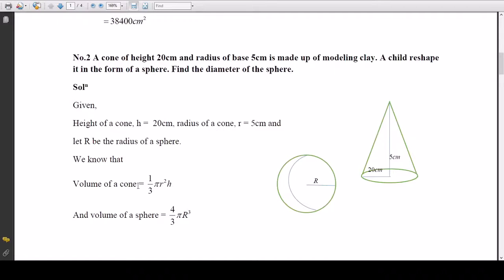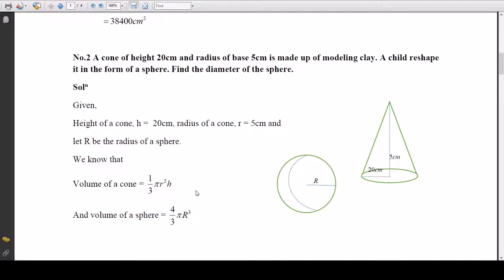This is the formula. Right in part 1, I told you to remember the formulas that we have for all the different types of figures. The volume of a cone is this much, and the volume of a sphere is 4 by 3 pi R cubed.